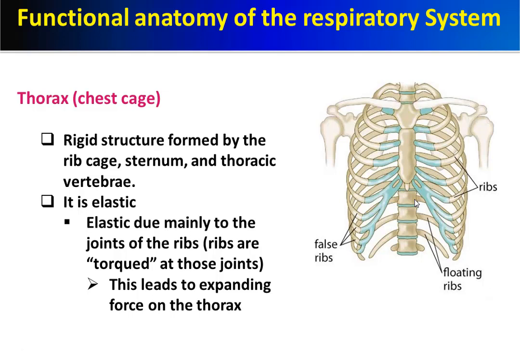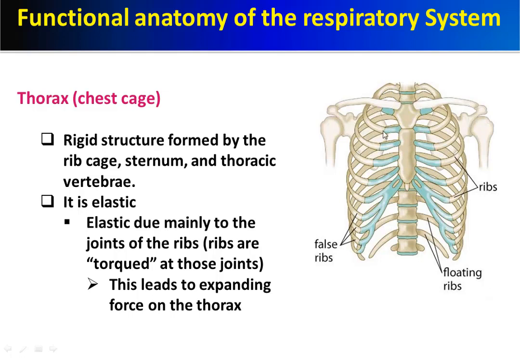Now the chest cage is not a rigid structure, rather it is an elastic structure, and the elasticity of the chest cage is mainly due to the joints between the ribs and the sternum anteriorly, and the joints between the ribs and the thoracic vertebrae posteriorly.